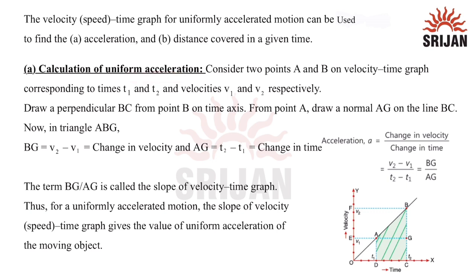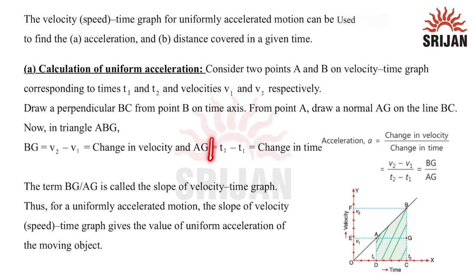Now, for acceleration, we can take 2 points A and B on the velocity time graph corresponding to t1 and t2 time with v1 and v2 as the velocities respectively. Now we draw a perpendicular BC on time axis from point B, and from point A we draw a normal AG on the line BC. Now a triangle ABG is formed where BG is equal to V2 minus V1 and AG is equal to T2 minus T1.